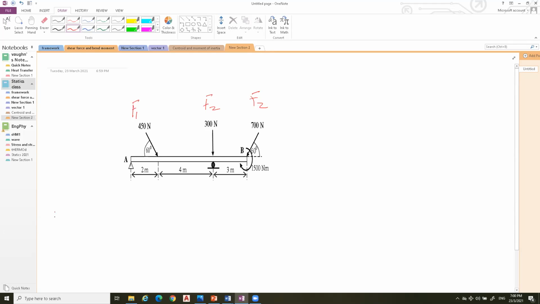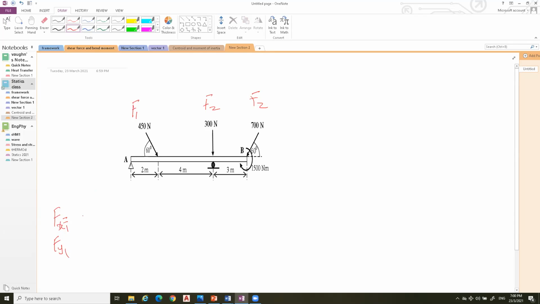Come quickly. F1, we're gonna identify the components of F1. F1 is gonna have an F1x and it's going to have an F1y, right?